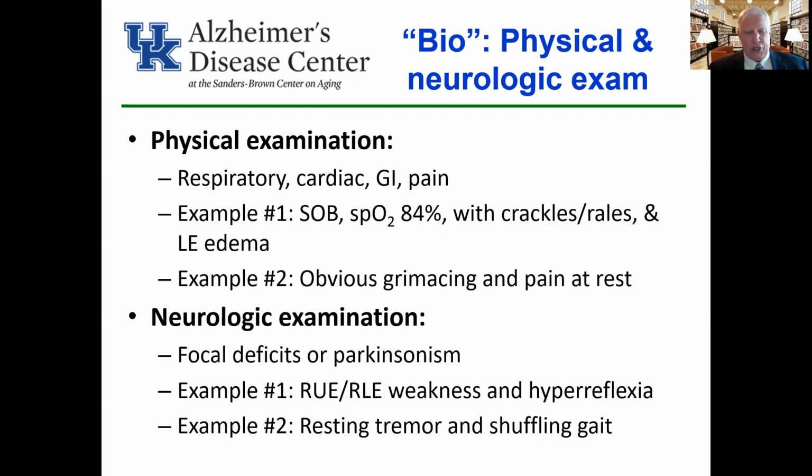So we might see a patient, we note on exam, with no report or past history of stroke, that there is right upper and lower extremity weakness and hyperreflexia, suggestive of a cerebral lesion. That requires a workup and evaluation in consideration in the consensus conference that might shift our diagnosis and or underlying etiology.